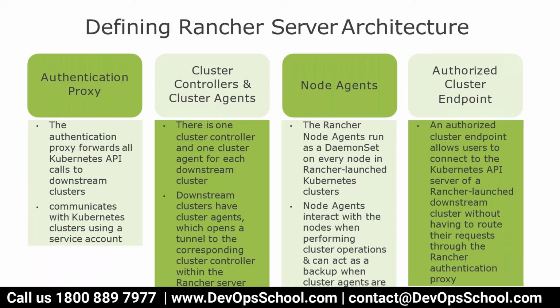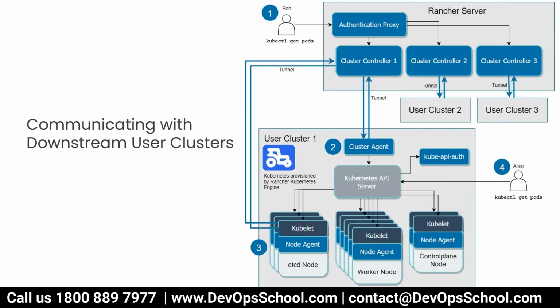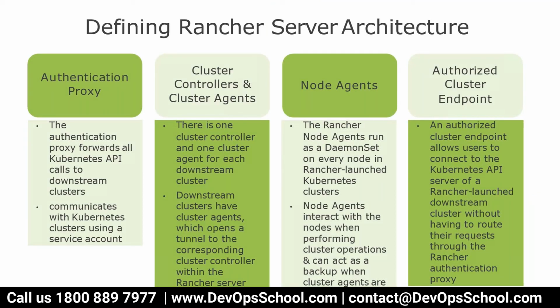After that, we have the cluster controllers and cluster agent. Look at this image one more time. Here you have 3 cluster controllers, and if you see the downstream user cluster, there we have an agent. That's what we are discussing right now. There is one cluster controller and one cluster agent for each downstream cluster.